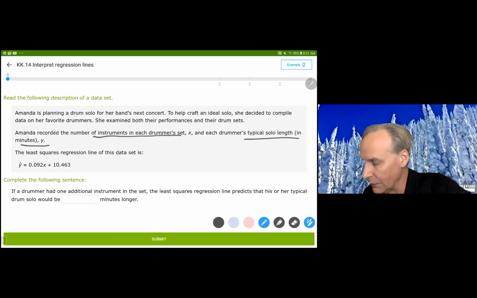And remember that the slope is the change in y over the change in x. And the typical solo length is our y value. So this is 0.092, and this is in minutes.